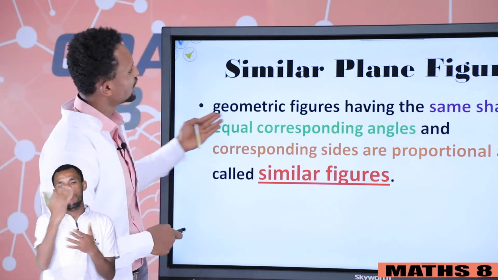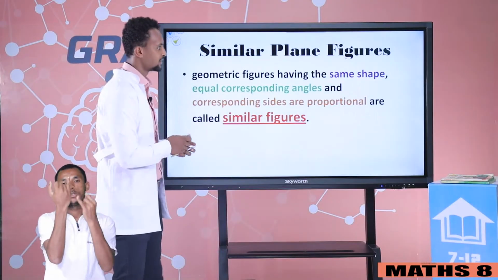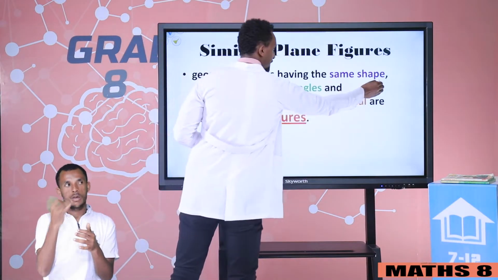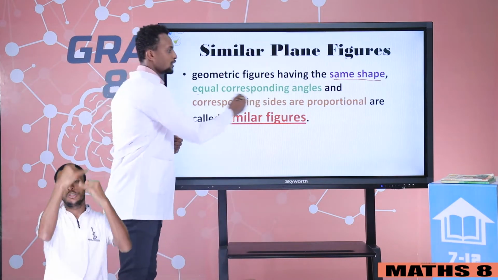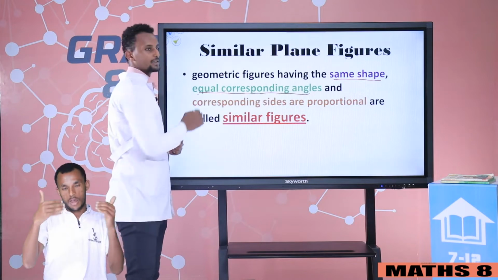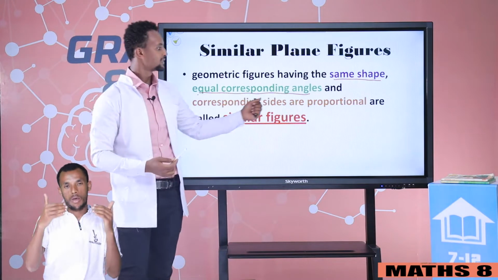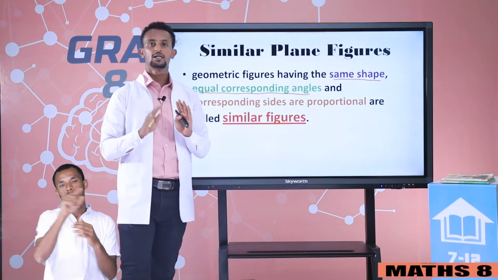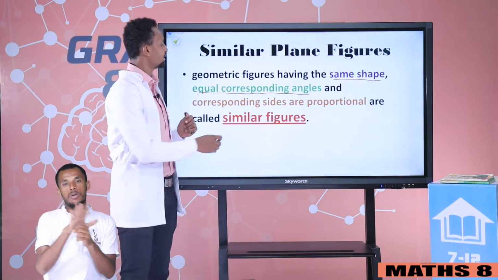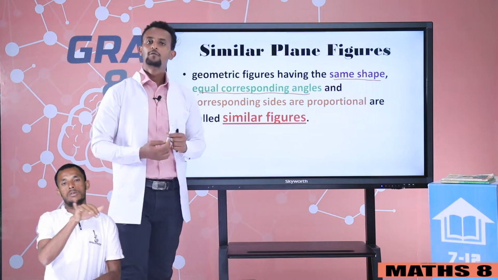Figures are similar if they have the same shape, equal corresponding angles, and corresponding sides that are proportional. If the 3 cases are satisfied, we can say the figures are similar figures.